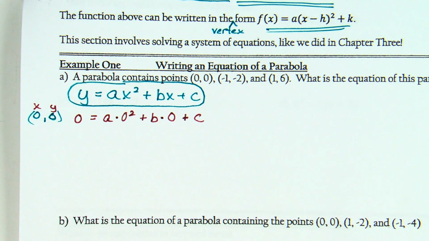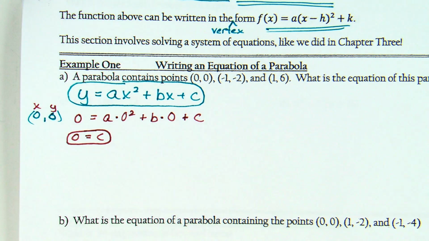Okay, so A times 0 is 0. B times 0 is 0. Let's see, 0 equals C. So we are left with 0 equals C. Officially, okay guys, they don't all happen like this, but officially that means that is one of my equations.